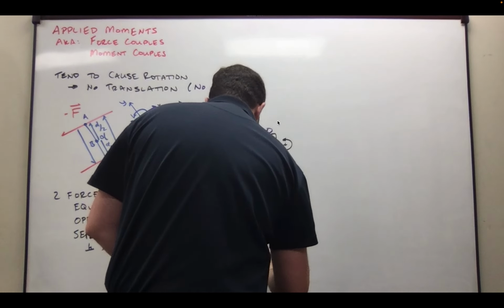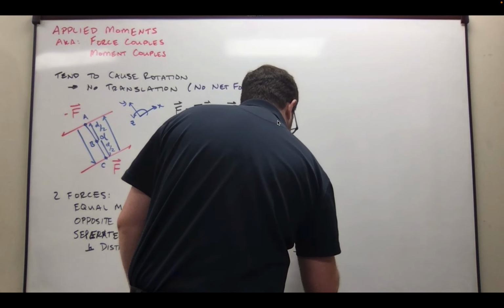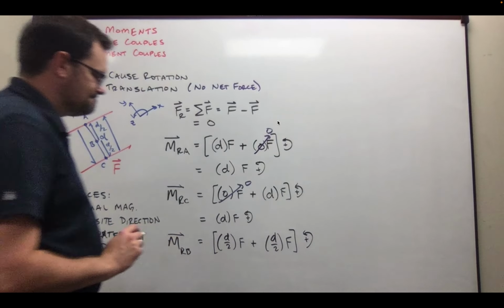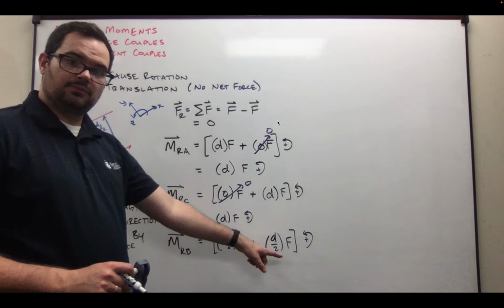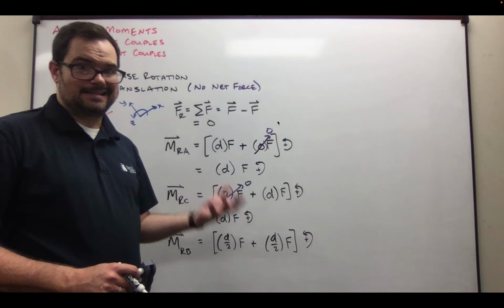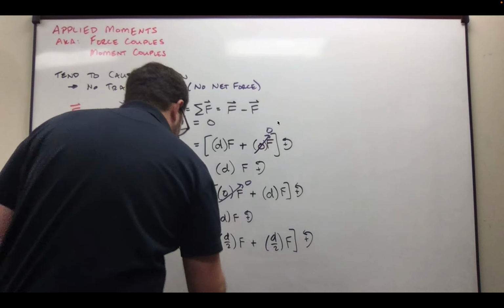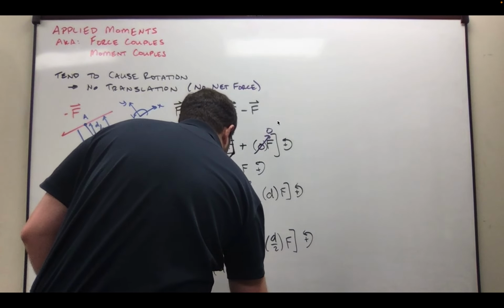So I end up being able to add these together, and my F terms I can collect. I have D over 2 plus D over 2, well, 1/2 times D plus 1/2 times D, that's just D times F. And so we get the same answer here.